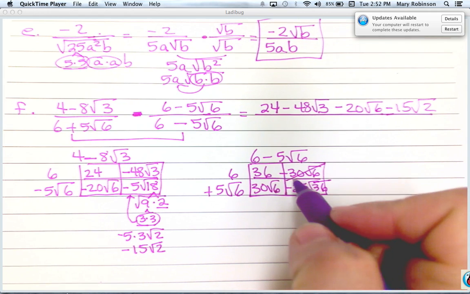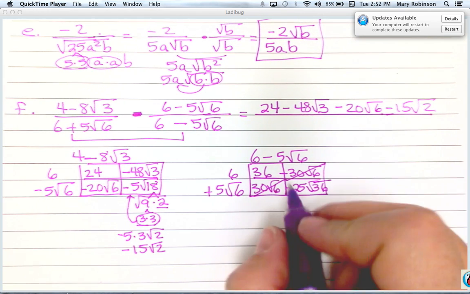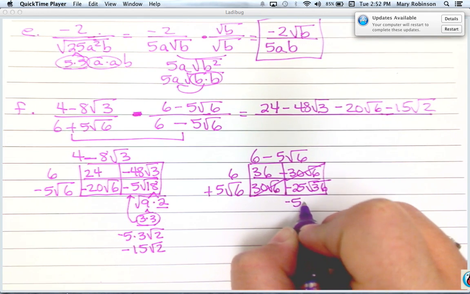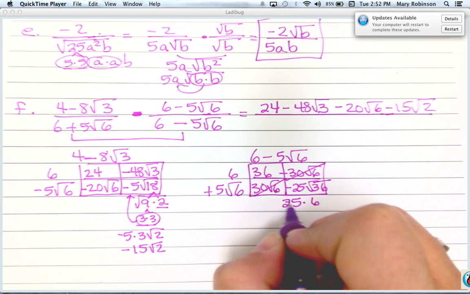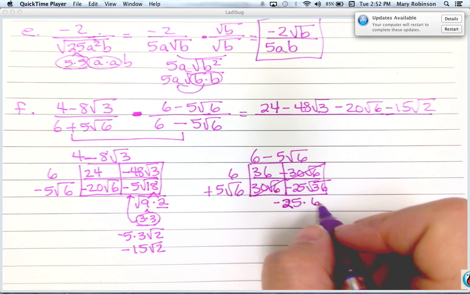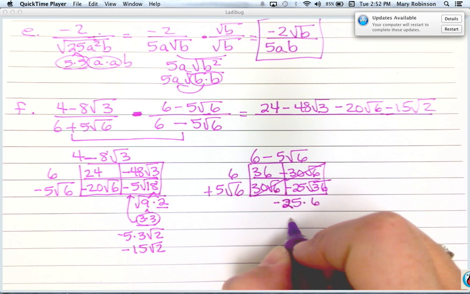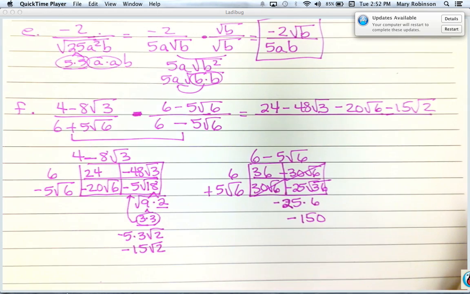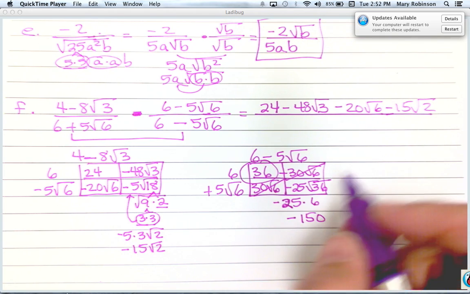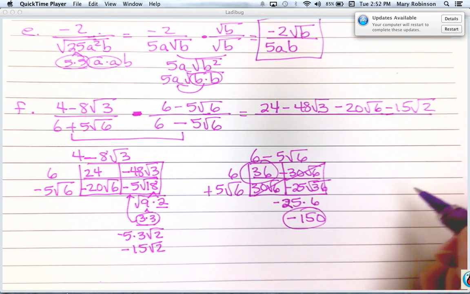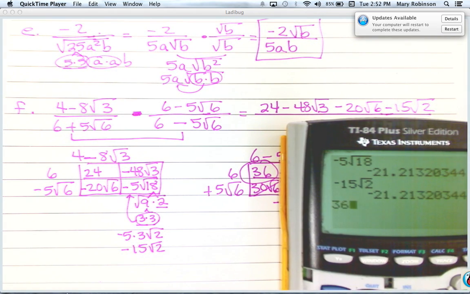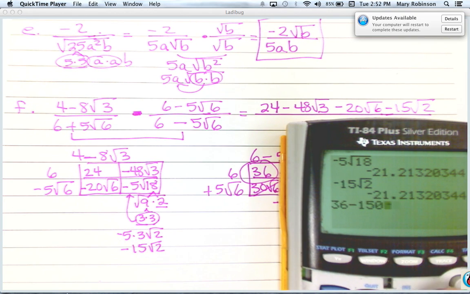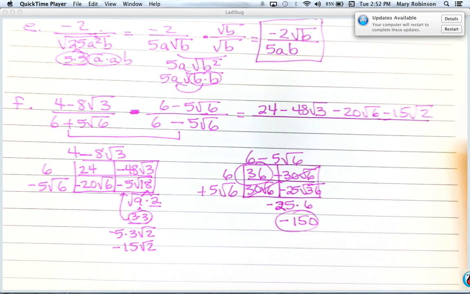Now what should happen is these middle terms should cancel out, so you don't really have to do all these steps. I've showed you the shortcut before. So this is negative 25 times positive 6, which is negative 150. So notice at this point we have 36 minus 150. 36 minus 150, oops, is negative 114.